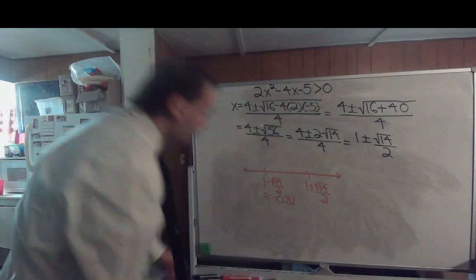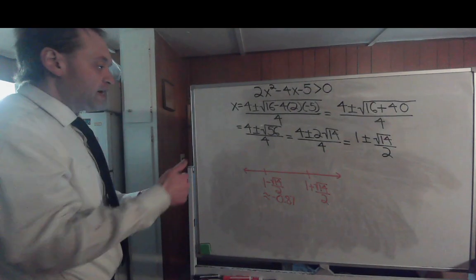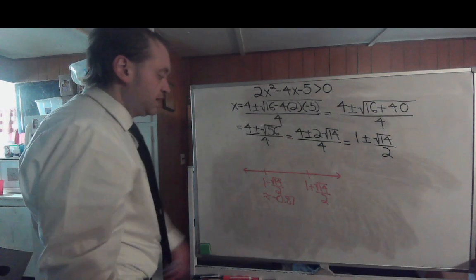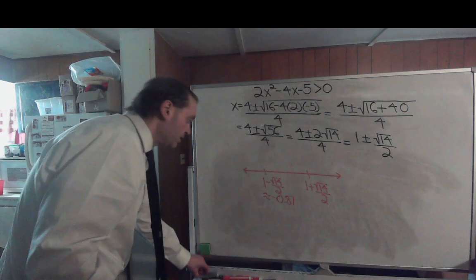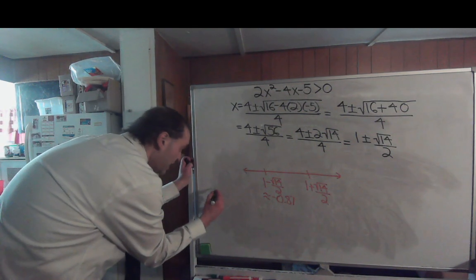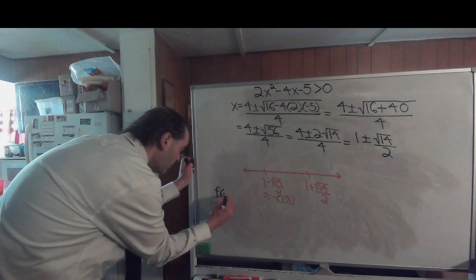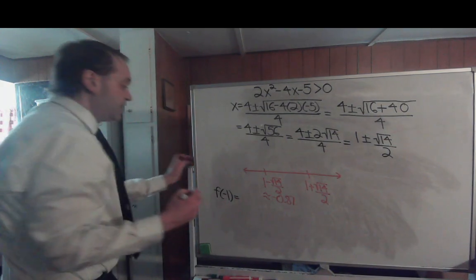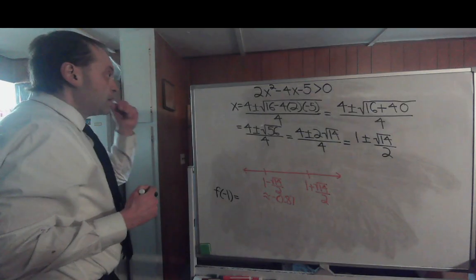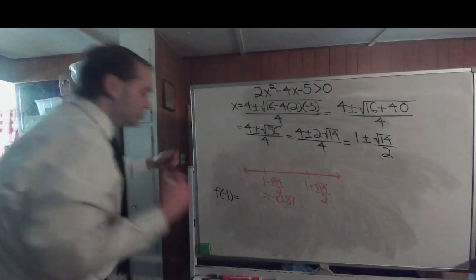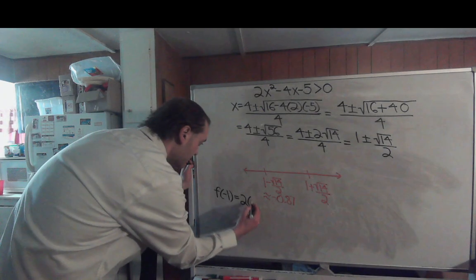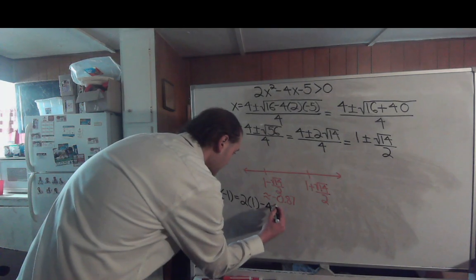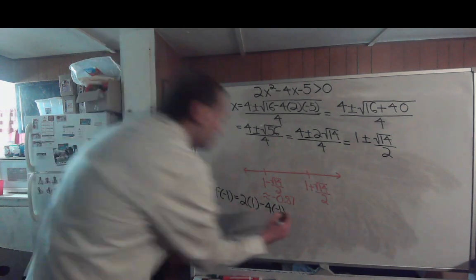Now, let's find any value smaller than that to represent from negative infinity to this value here. Definitely negative 1, right? If I put in f of negative 1, what do I get? Well, we just put this into the original, that would give me 2 times 1, because negative 1 squared is 1, minus 4 times negative 1 minus 5.